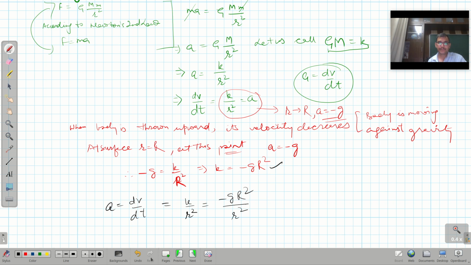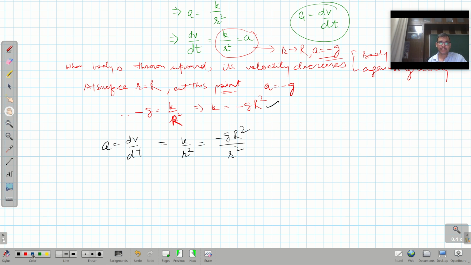But this dv over dt can be written in terms of dv over dr into dr over dt, because there is a change in velocity not only with time, but with the distance also. And this dr over dt is nothing but velocity.